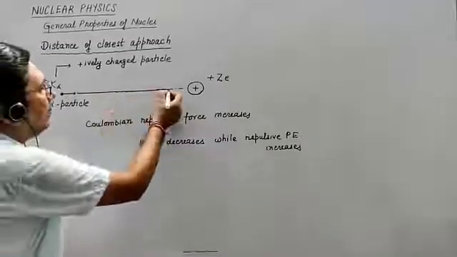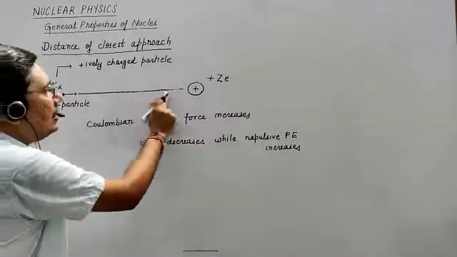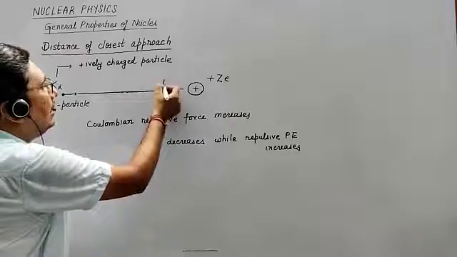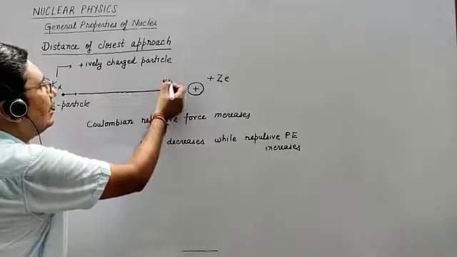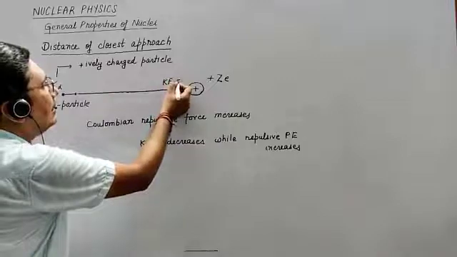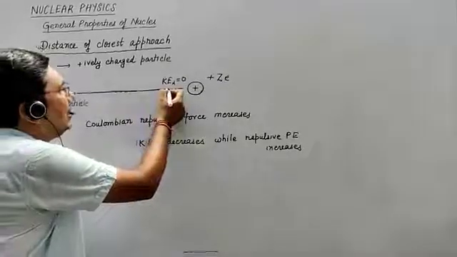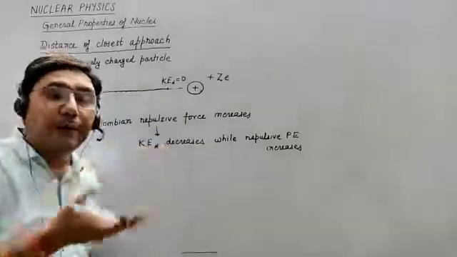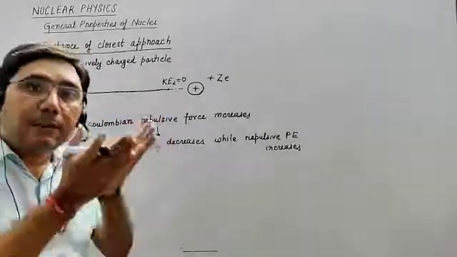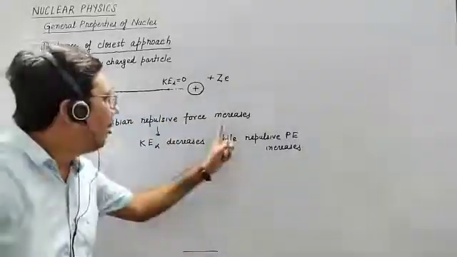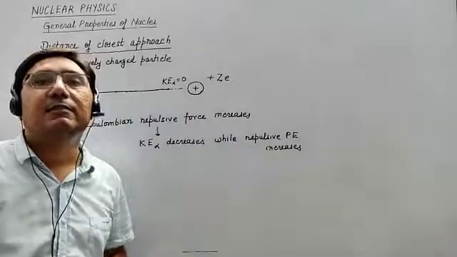The alpha particle will achieve a point where its kinetic energy becomes zero, but at this point maximum repulsive potential energy will be there.